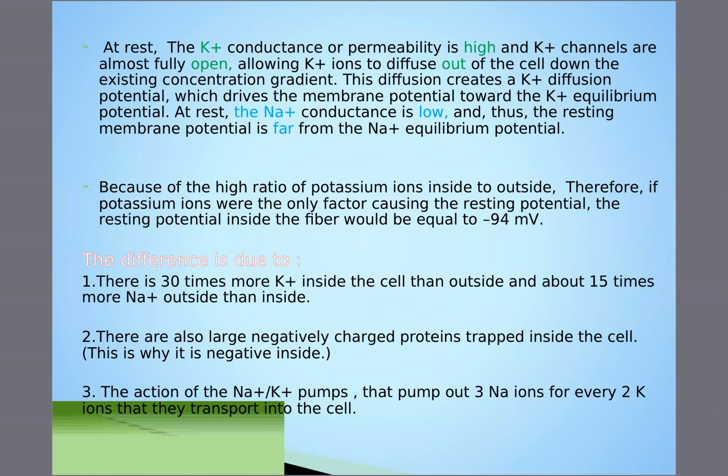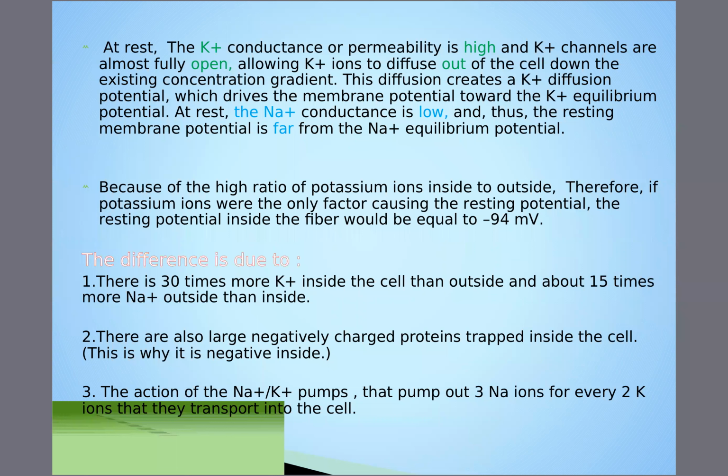The difference is due to the following. There is about 30 times more potassium inside the cell than outside, and about 15 times more sodium outside than inside. So potassium is more abundant inside, while outside the nerve we find more sodium. There is also a large negative charge potential trapped inside the cells.